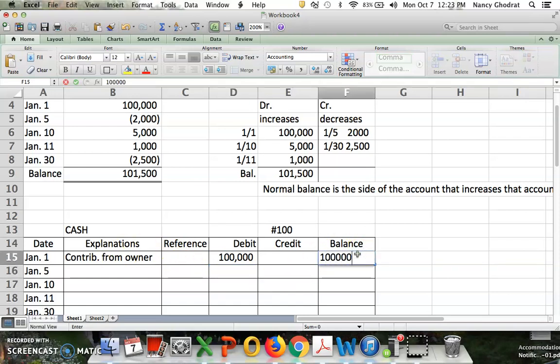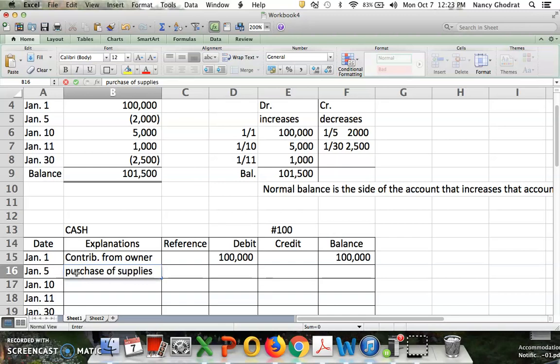So for every entry in the standard format account, you have to arrive at a balance, because this way we would know, for example, the amount of cash that we have as of that date.